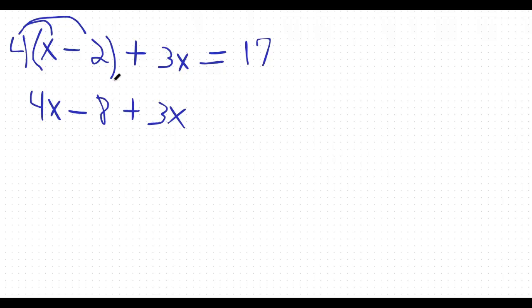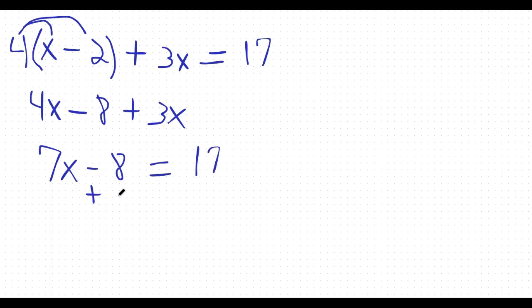So 4x minus 8 plus 3x equals 17. So let's go ahead and combine the like terms. 3x and 4x are like terms. This is 3x's. This is 4x's. So we can combine them together to make 7x minus 8 equals 17.